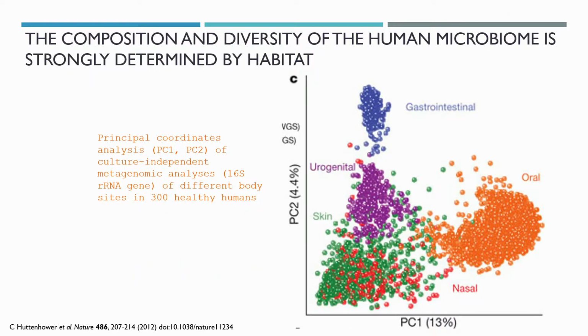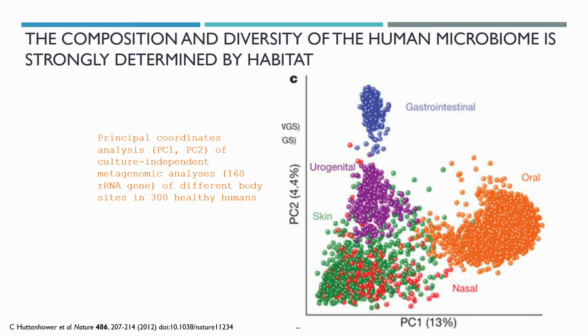I want to start introducing you guys to some types of figures and try to break down how we would read different figures. I'll walk you through this. This is a PCA plot, or a principal coordinate analysis. Basically the X and the Y axis are these principal coordinates. What they're looking at here is how similar or how different these different microbiomes are from each other. They sampled different people's microbiotas, and the PC1 and PC2 are arbitrary.